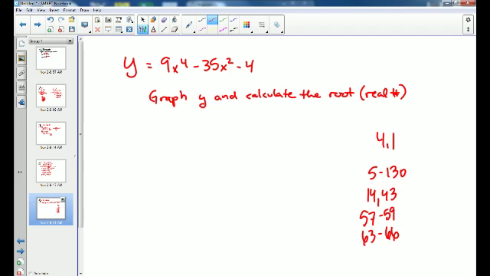I just want to make sure that you have the two roots. Make sure you do both, here and then there. That's pretty good. I didn't know you could do that.